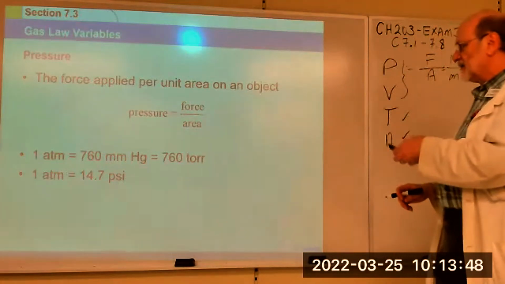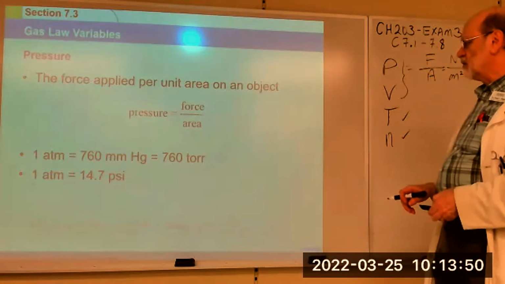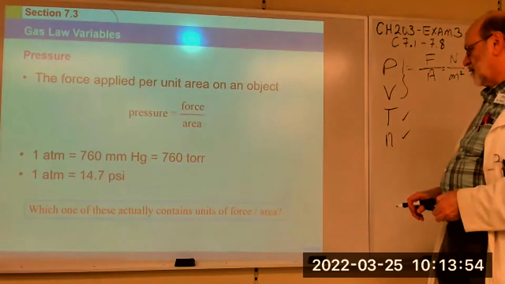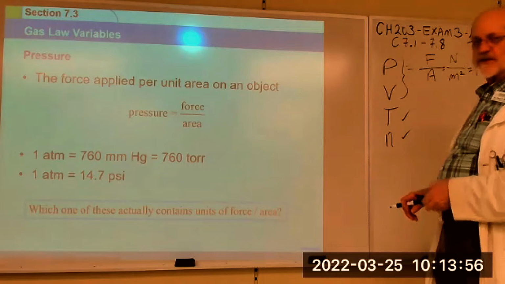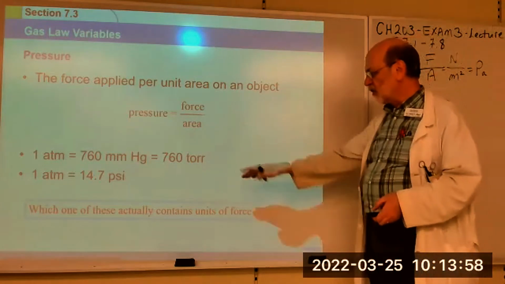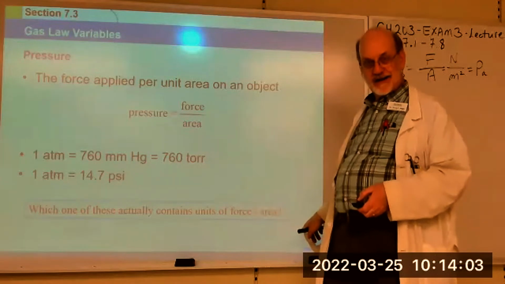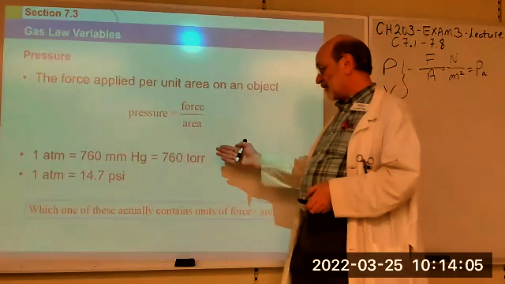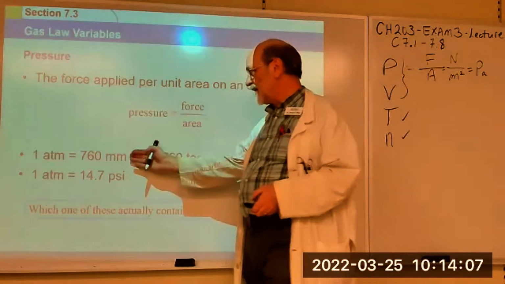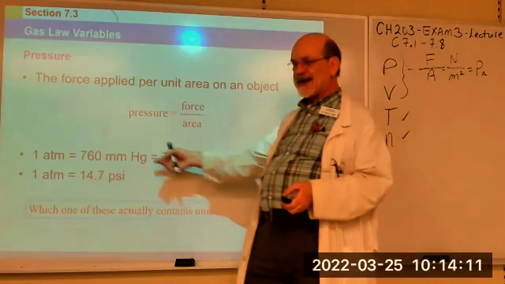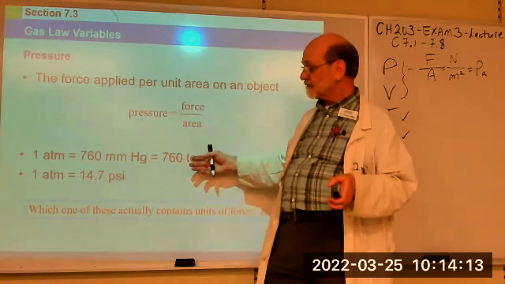Let's see, let me move ahead. Oh, that's a good question. Which one of these measurements actually contains force per unit area? We can't see force per unit area in 1 atmosphere, millimeters of mercury, or torr, which is exactly equal to a millimeter of mercury.